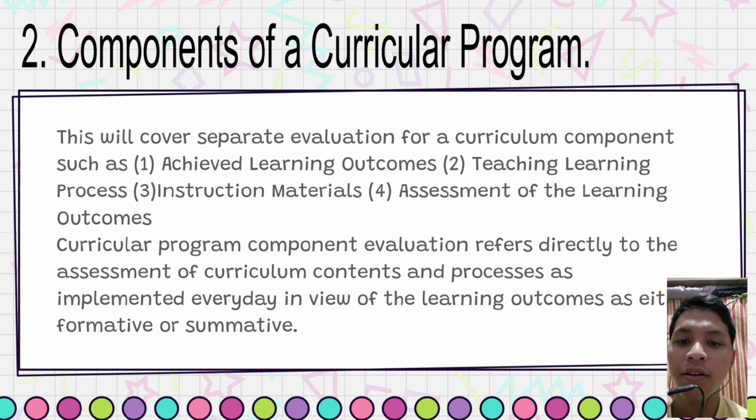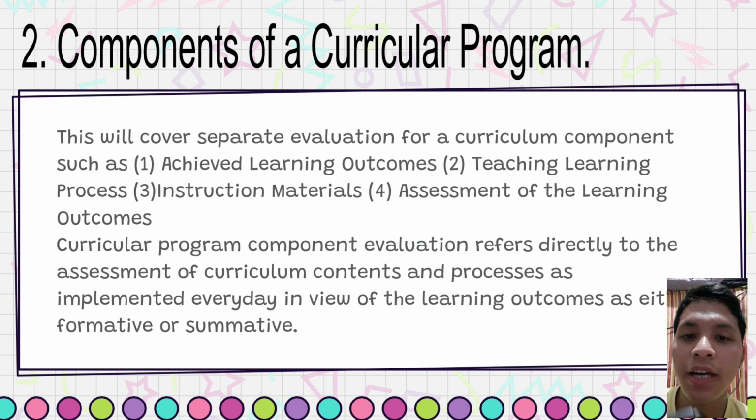Number four is assessment of learning outcomes. This assesses how well students have learned. It checks if the methods used to measure their understanding are working and if students are meeting the expected learning goals.